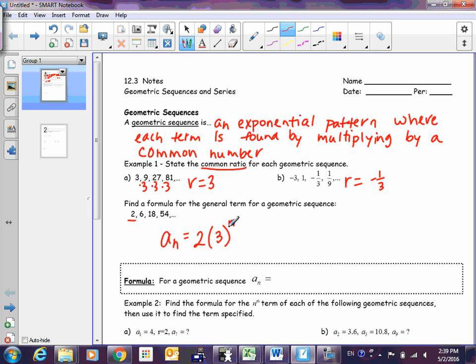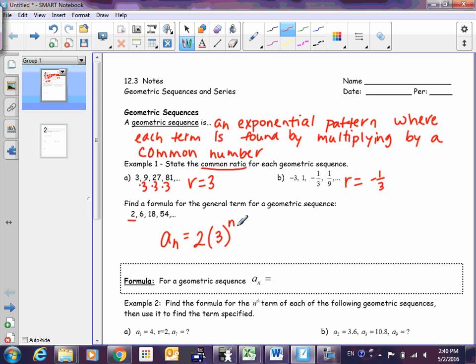If I plug in 1 for n, I'm going to have 2 times 3 to the 1 power. Will that give me a 2? No, what will it give me? A 6. Now let's plug in 2 for n. What's 2 times 3 squared? So 3 squared is 9, times 2 is 18. So I'm 1 off. I either need to go plus 1 or minus 1 here.